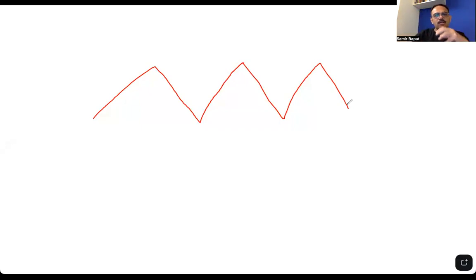So you will see the price action going up, going down, going up, going down, like this, because you will not see a box. The box we'll have to imagine.